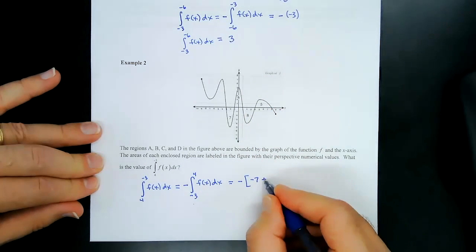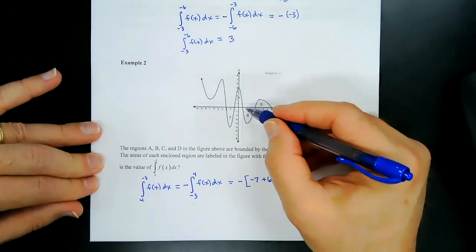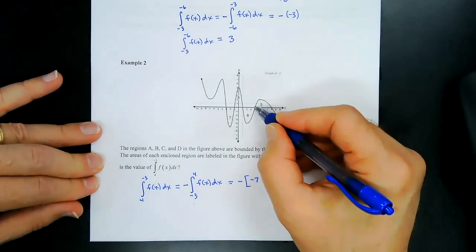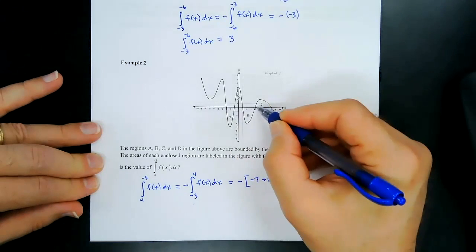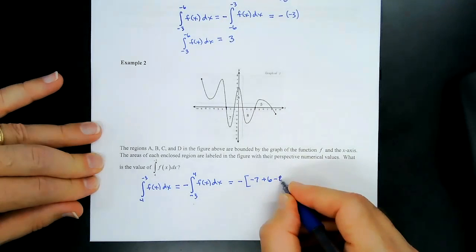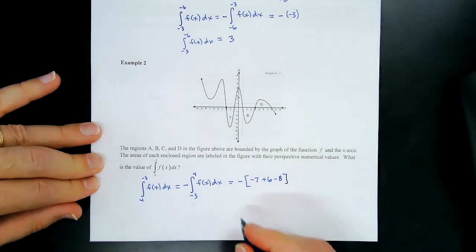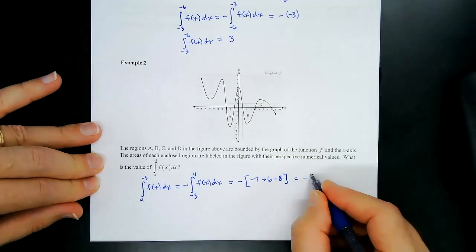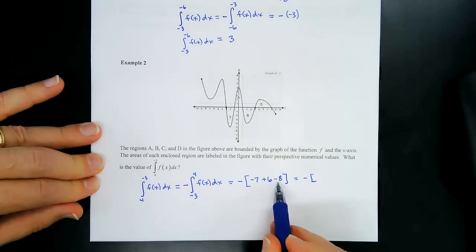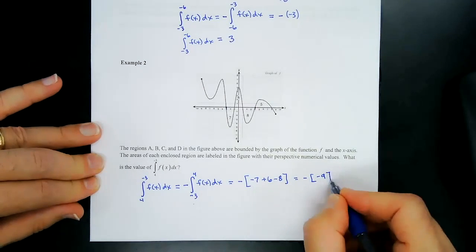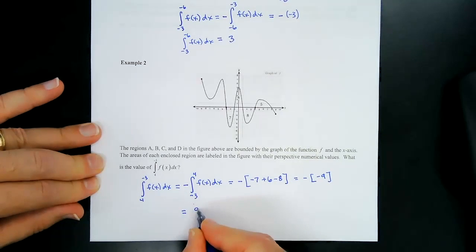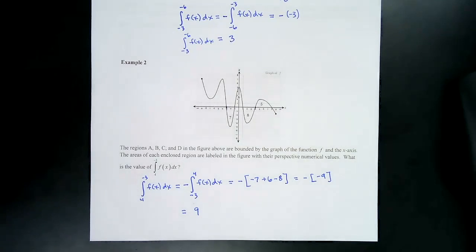And then I'm going to go from 1 to 4, ending at 4, because I want to just go from -3 to +4. And this part is also below, so I'm going to subtract 8. So that gives you negative of, -7 plus 6 would be -1, minus 8 would be -9. And so negative of -9 turns out to be +9. All right, and that's how you do it.